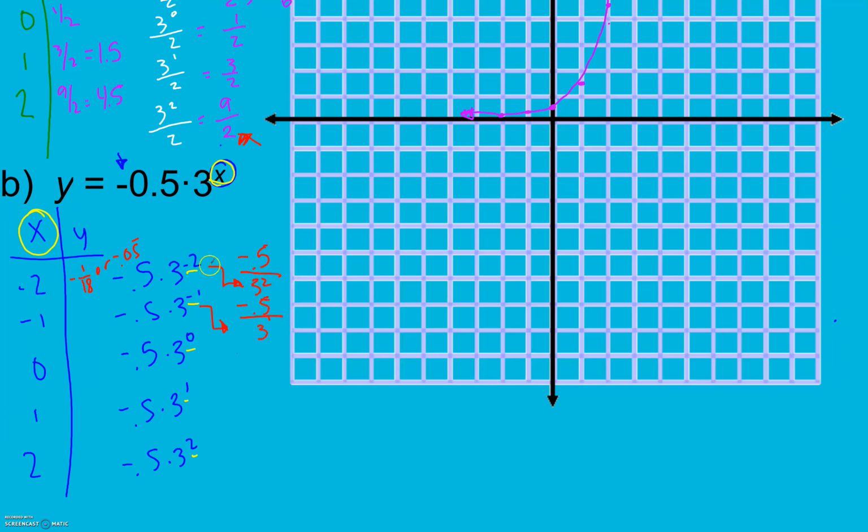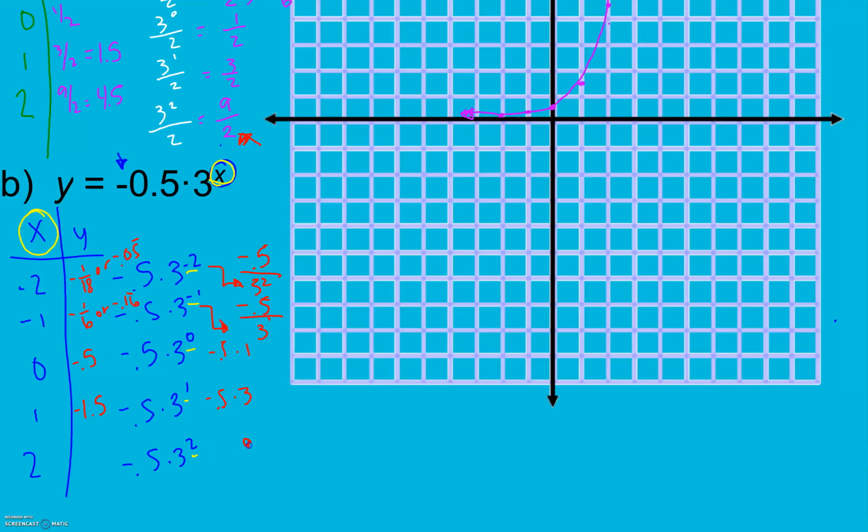-0.5 divided by 3 to the first power is -1/6, or -0.16 repeating. 3 to the 0 power is still just 1, so times -0.5 gives me -0.5. 3 to the first power is 3, times -0.5 gives me -1.5.